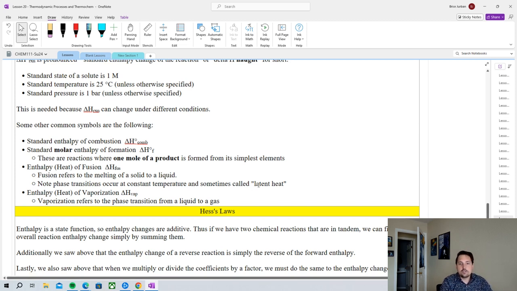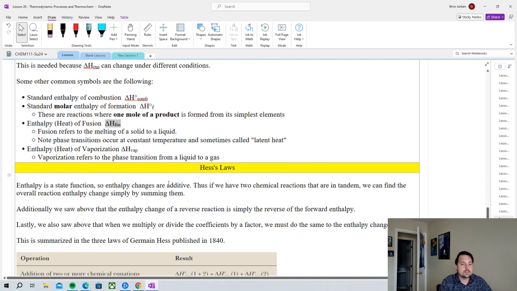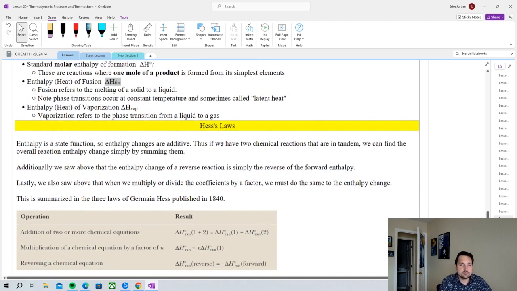And this is referred to as the latent heat because there's no temperature change in the thermometer. So it appears as if nothing's occurring, but there's actually a lot of heat that's required for that phase transition to occur. And then vaporization is just given by delta H of vaporization. And this value is always greater than the delta heat of fusion. It usually takes a lot more energy to vaporize something. We'll talk more about that in the next lesson.